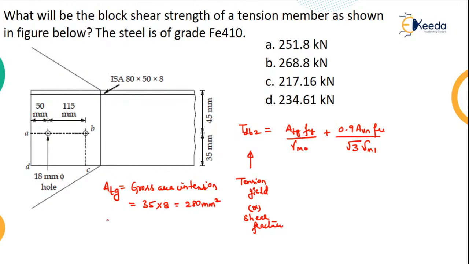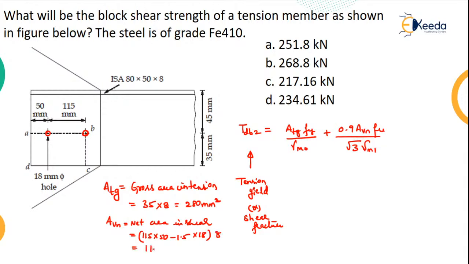And then we need what? The net area in shear, that's nothing but AVN. So in net area, what I have to do? In gross area, 115 into 50, I did know, but I have to subtract 1.5 times 18 because I have to remove one full bolt here and half a bolt here. Right, this into the thickness.